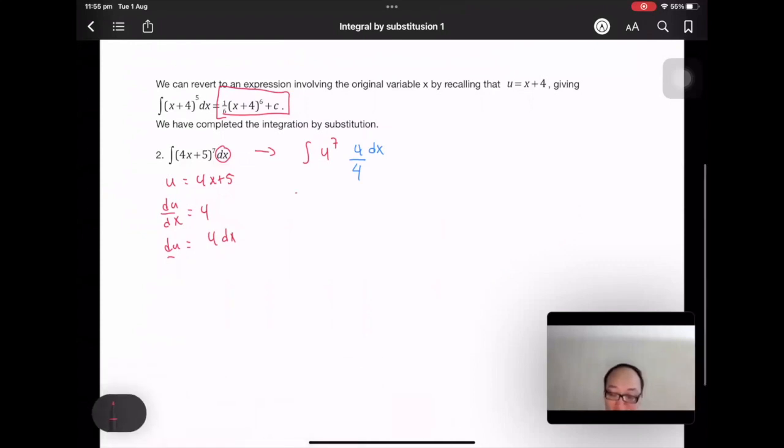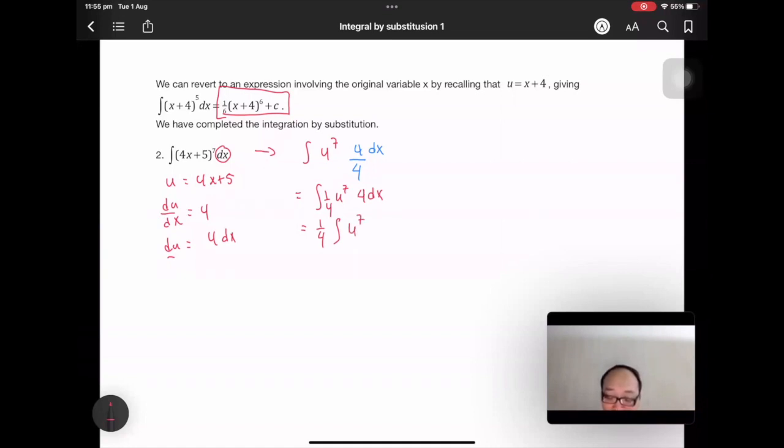So that means I can have integral u to the power of 7 for dx, and then I move the 4 into 1 over 4. So it is 1 over 4. I can take out the 1 over 4 outside the integral. And in the integral u to the power of 7, the 4 dx is equal to du.